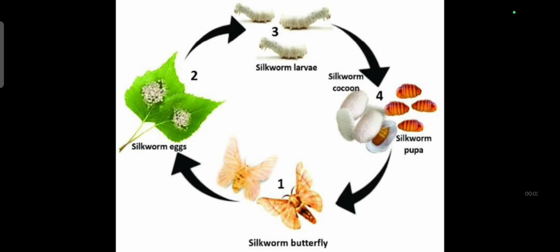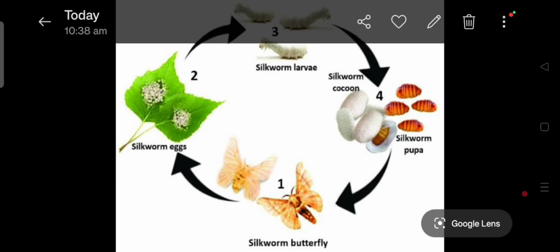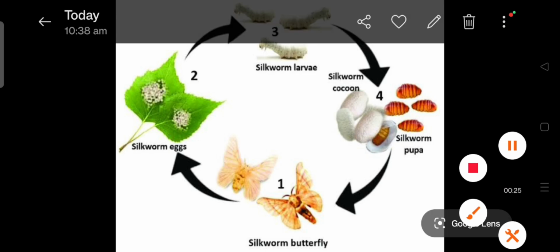Here we have the silk butterfly which gives silkworm eggs. Then the silkworm eggs become silkworm larvae and they produce the silkworm cocoon. And from the cocoon we take out silk thread.